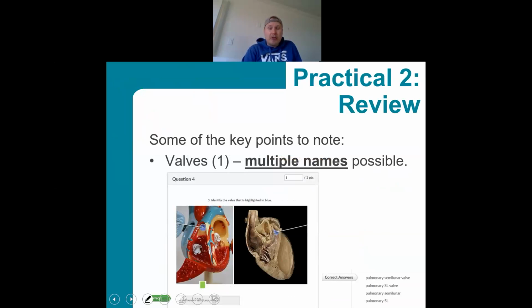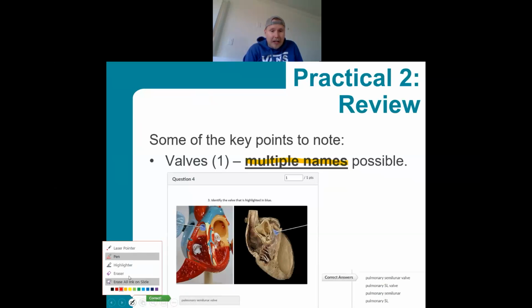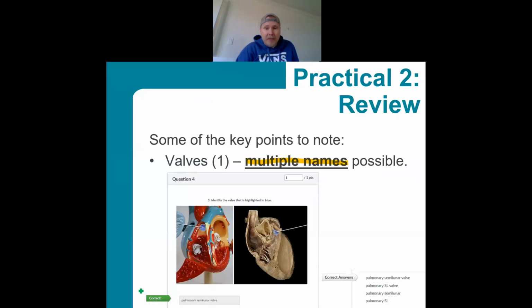I wanted to remind you that sometimes we have structures that have multiple names possible when we discuss them. So here, for example, let's orient ourselves. We are seeing a heart where we have our right atrium here, our right ventricle, and we have our left atrium here and left ventricle here.